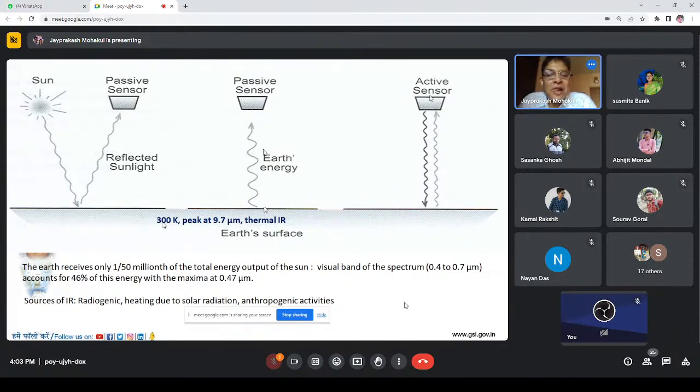Anything above 0 degrees Kelvin emits a certain amount of energy, so you can measure that with a sensor and get an idea of how much energy has come in the thermal range. And you can also have an active sensor: you send a signal and receive the signal back.